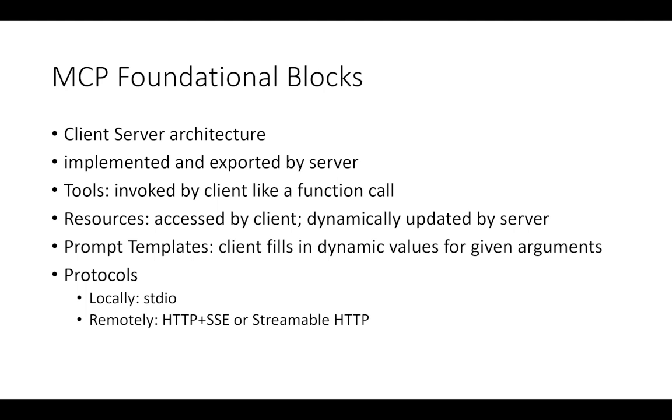And the third is a prompt template. So this is where the client fills in the dynamic values for given arguments in that prompt template. The protocol used by MCP, if it is running locally, is standard IO. If it is done remotely, it's HTTP plus SSE, server side events, or is moving towards streamable HTTP.